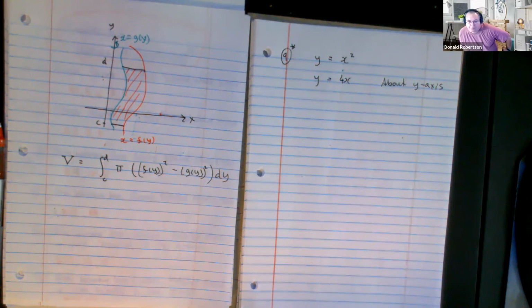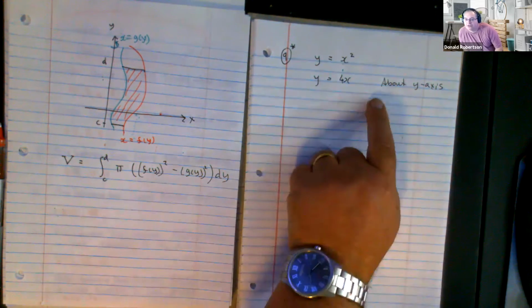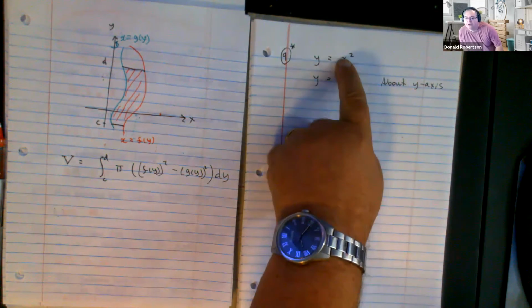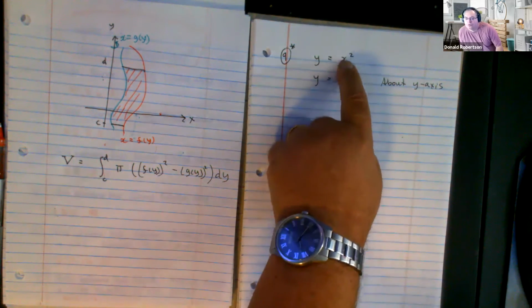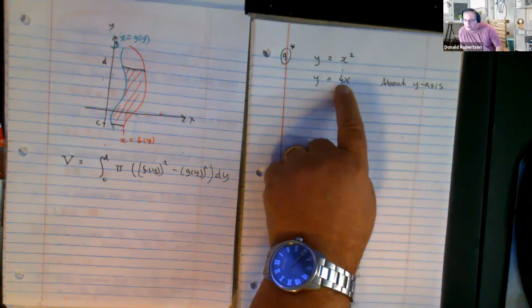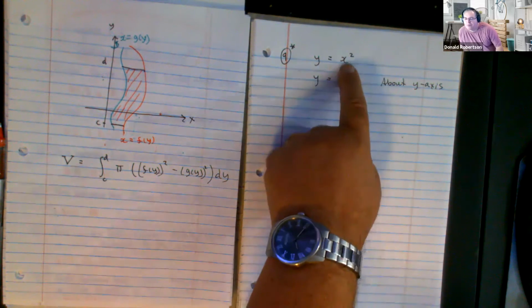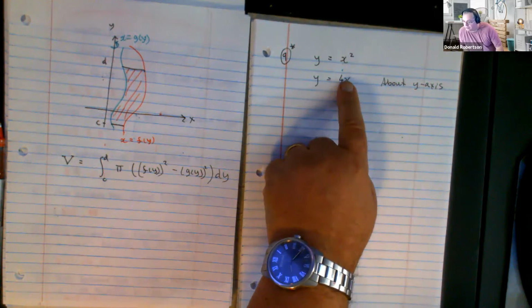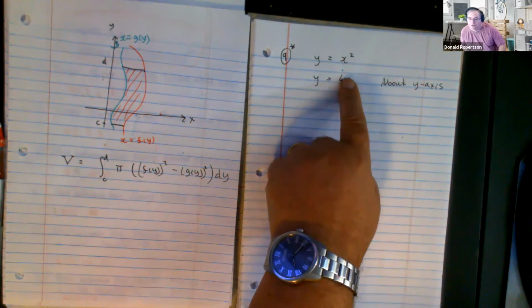This shape, this area between these two curves, is going to be rotated about the y-axis. But when you look at the information, isn't the information given to you in the form that we usually expect it to be if it was being rotated about the x-axis? That's how we would normally write it for an x-axis, right?